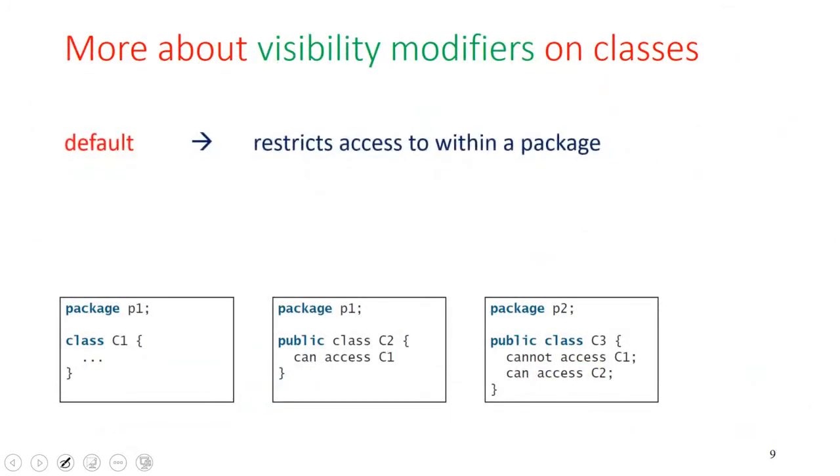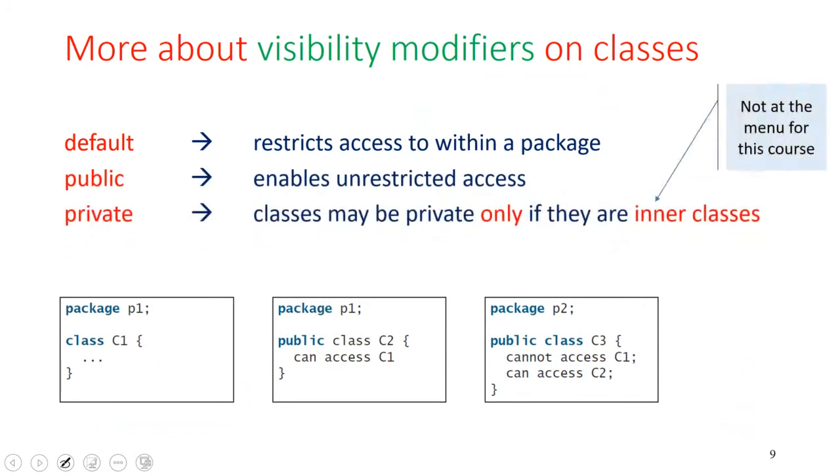What about classes? I want to mention that real fast because we're not going to use that a lot in this class, but it's part of what Java allows you to do. Java allows you to also use public, private, and no keyword in front of the name of a class. Until now we have been talking about attributes and methods. So now we're talking about classes. What does it mean for a class to be public?